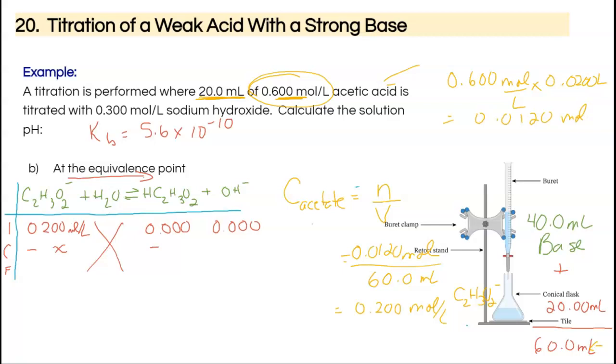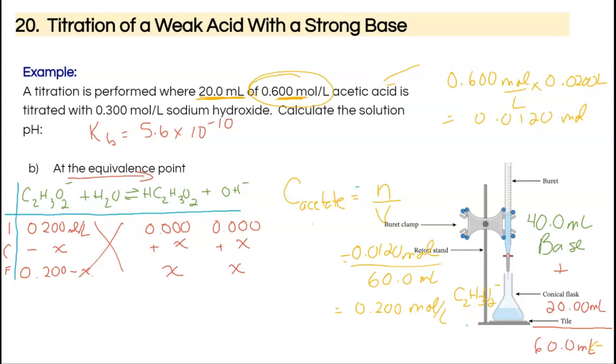I'm going to see an increase in the concentration of products. So that gives me some beautiful equilibrium expressions that I'm going to use in my base ionization equilibrium law. Okay, and so I think I'm just about ready to start with that piece.